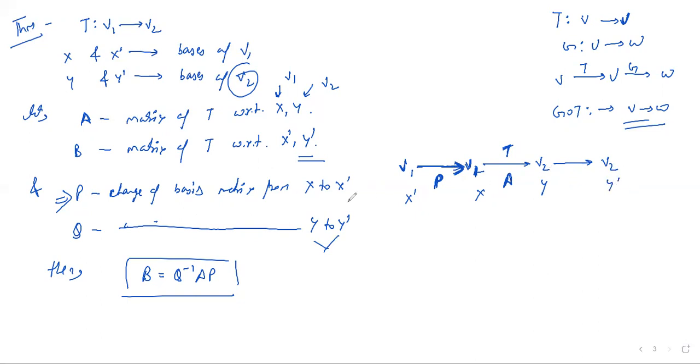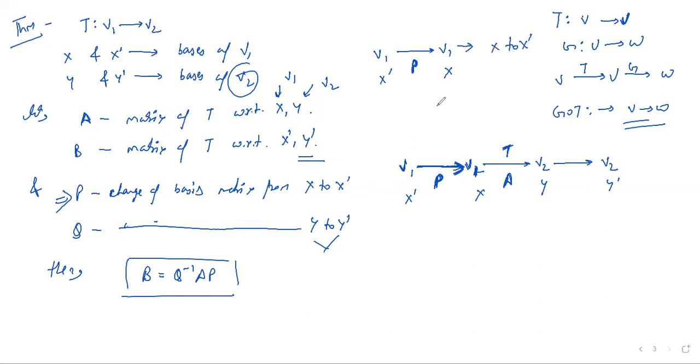Now if we look at the P matrix, the change of basis mapping here is V1 to V1, where x dash also belongs to V1 and x also belongs to V1. This is my P, the mapping for the change of basis matrix from x to x dash.